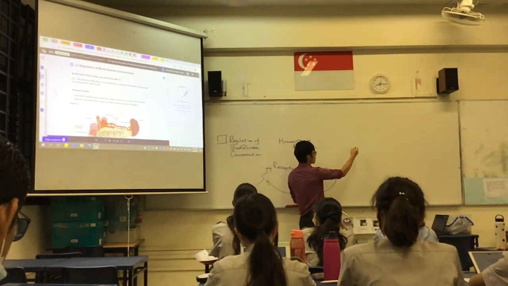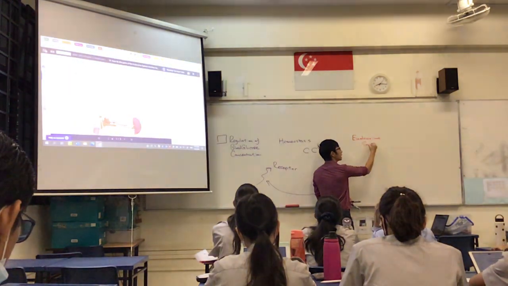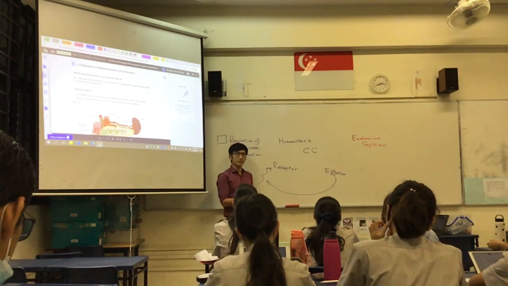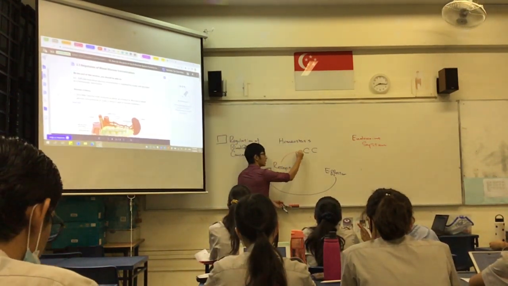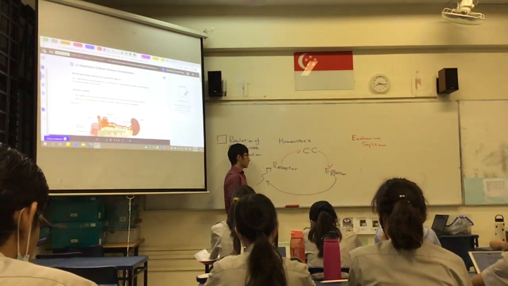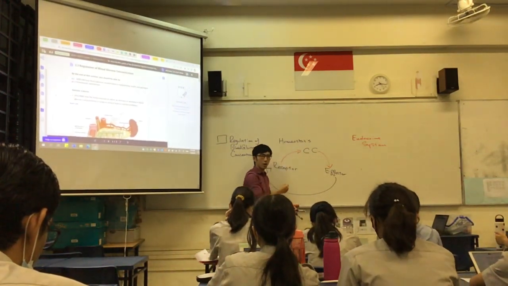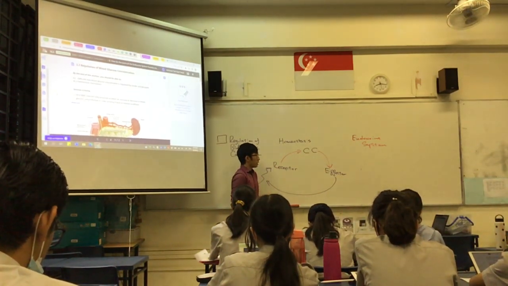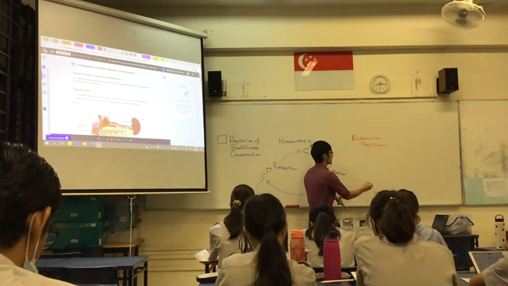Then we went into the next chapter, the endocrine system, which is where we are now. And really, the function of the endocrine system serves more like a communication system. It is these arrows that help to communicate between the various parts, because the receptor and the control center and the effector may not be close to each other. And that's what hormones are for. We started off by learning about the various parts of the endocrine system.